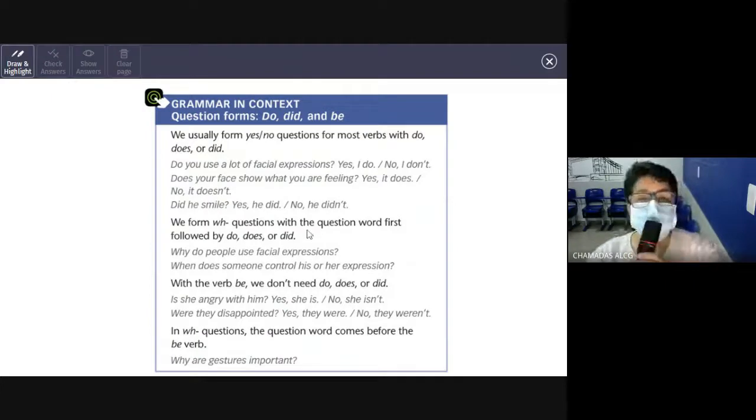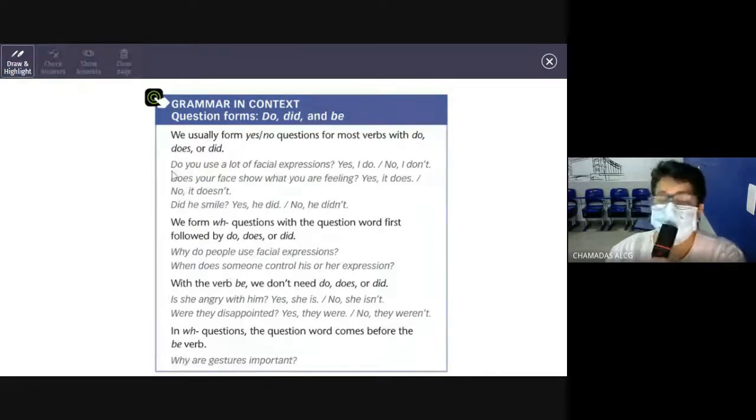So it's very simple. Thank you, Kawani. You just have to begin the question with the auxiliary verb because it's a yes/no question. Okay? And the answer is going to be yes, the subject, and the auxiliary verb.